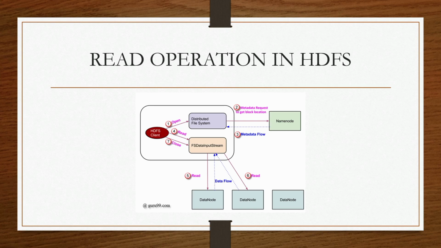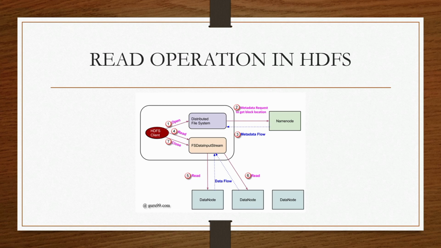Please note that these addresses are of the first few blocks of the file. In response to this metadata request, the addresses of the data nodes that have a copy of the block are returned. Once the addresses of the data nodes are received, an object of the type FSDataInputStream is returned to the client.